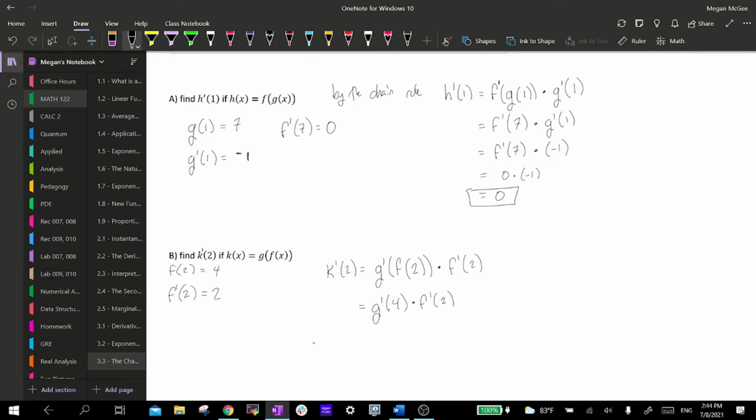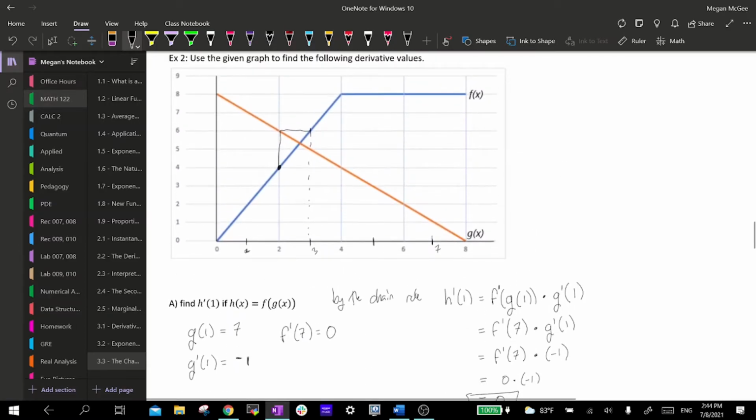Alright, and let's go ahead and find g prime of 4. So when x is equal to 4, what does our derivative say about the slope of this line? Well, we know we're going to be negative. We go over 2, right, because it's between 4 and 6, and down 2.